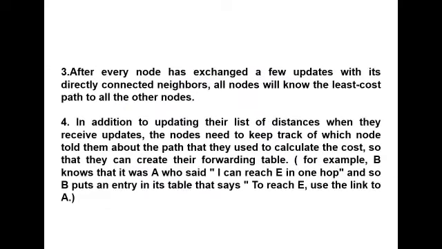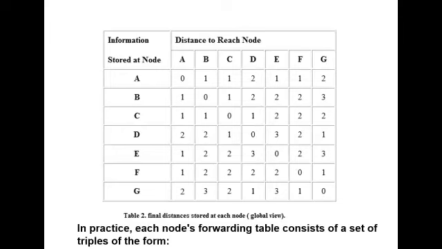So now if we see after exchanging the information, you can see the global routing table will be updated as now A knows the cost to reach B is 1, C is 1, D is 2, because now A knows the cost to reach D is 2, but this is half of the information.